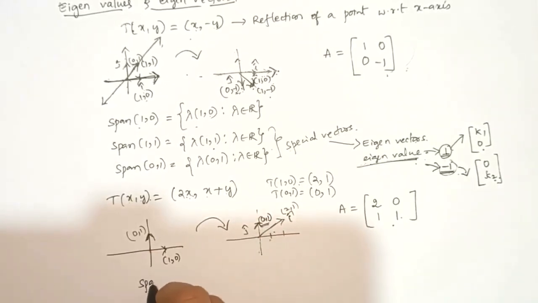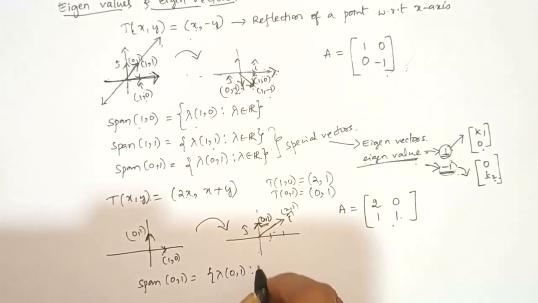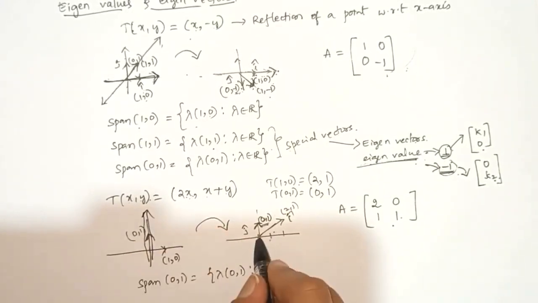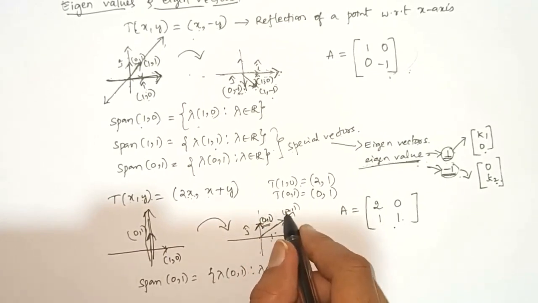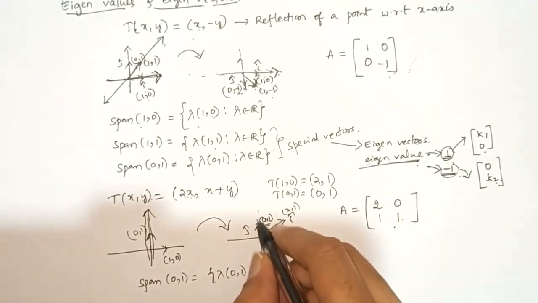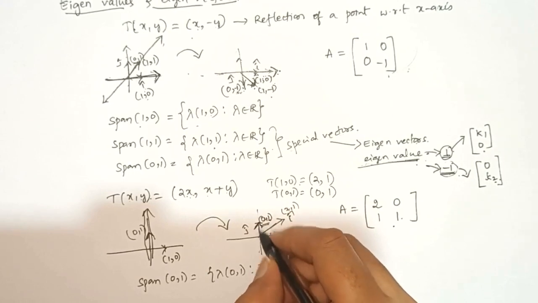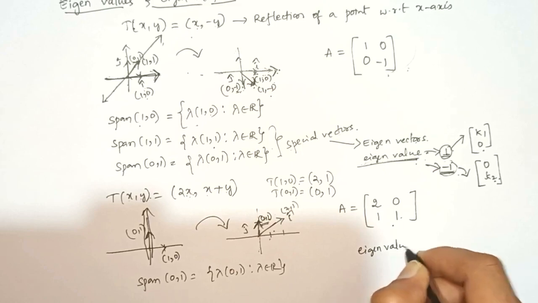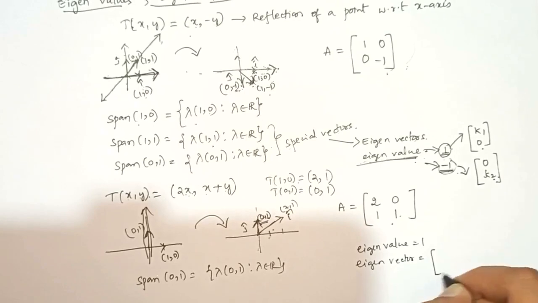The span of (0, 1) is multiples of (0, 1), lambda belongs to R, which is the entire y-axis. After applying the transformation, (0, 1) is not moving out of its span, and it didn't get stretched or squished. It is in the same position. Therefore the eigenvalue equals 1, and the eigenvectors corresponding to that eigenvalue are all points on the y-axis.